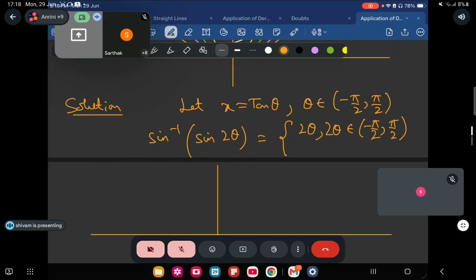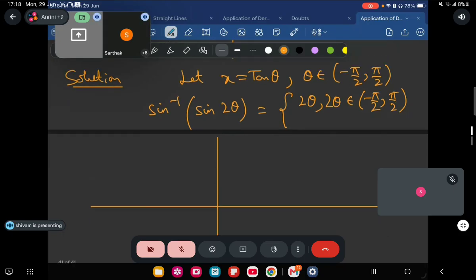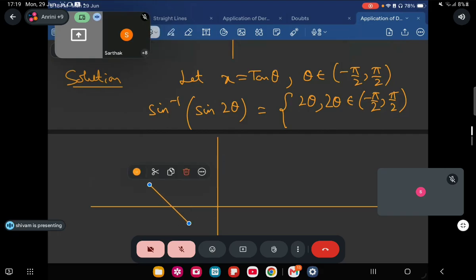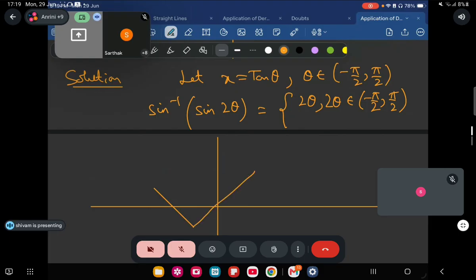Right, tell me. Sarthak, are you getting? You've forgotten the graph of sine inverse sine x. How many branches will there be in this range? You have to also maintain the branches, right?